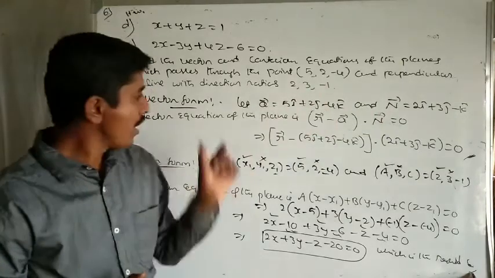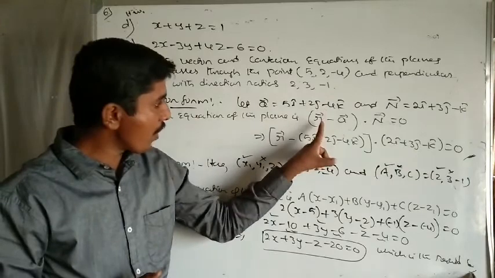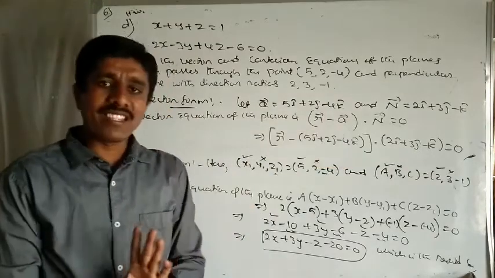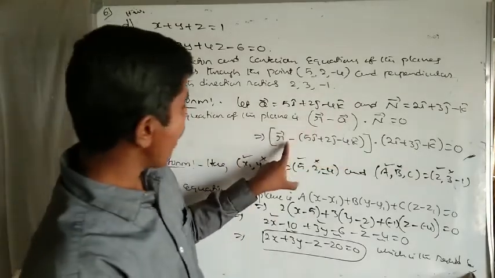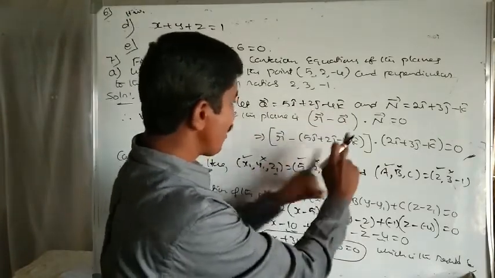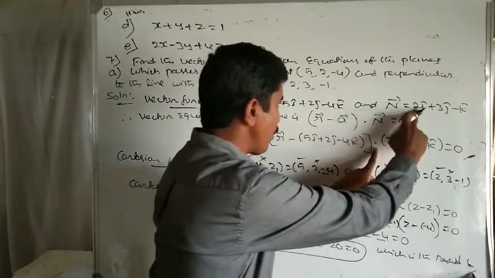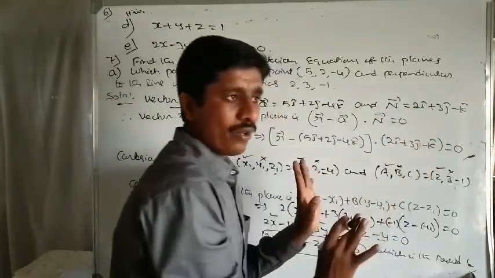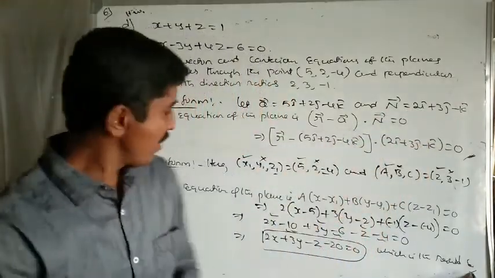The vector equation of the plane is vector r minus vector a dot vector n is equal to 0. Take vector r as it is, minus vector a, 5i plus 2j minus 4k, dot vector n, 2i plus 3j minus k, is equal to 0. And now this is the vector equation.